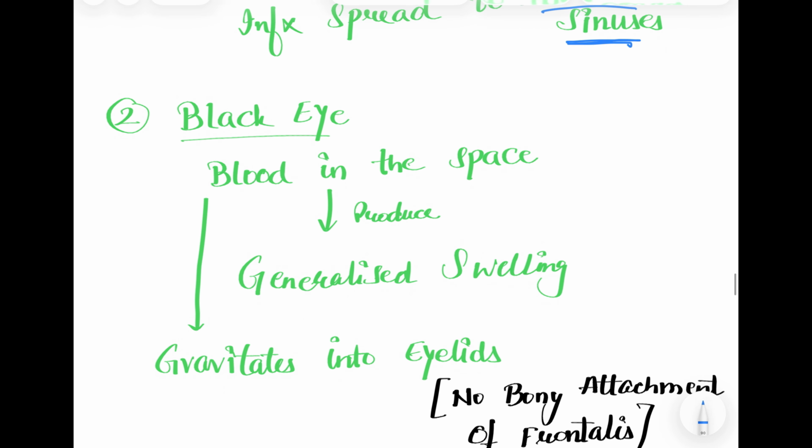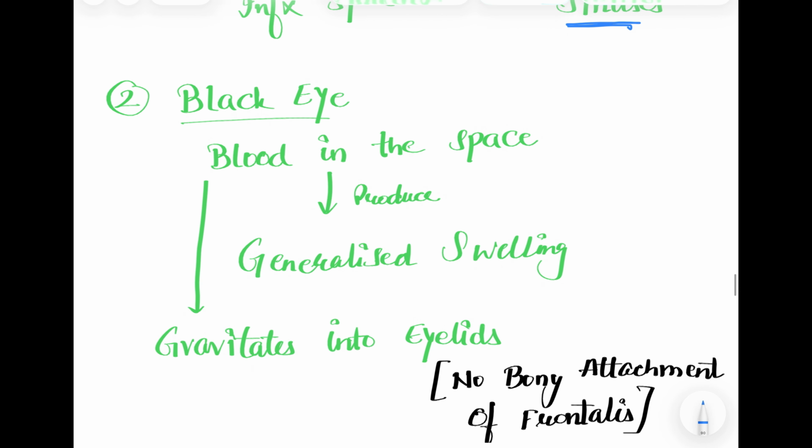Another important part is the black eye. What is a black eye? Blood in this space produces swelling, and the swelling is generalized. Why does it happen?